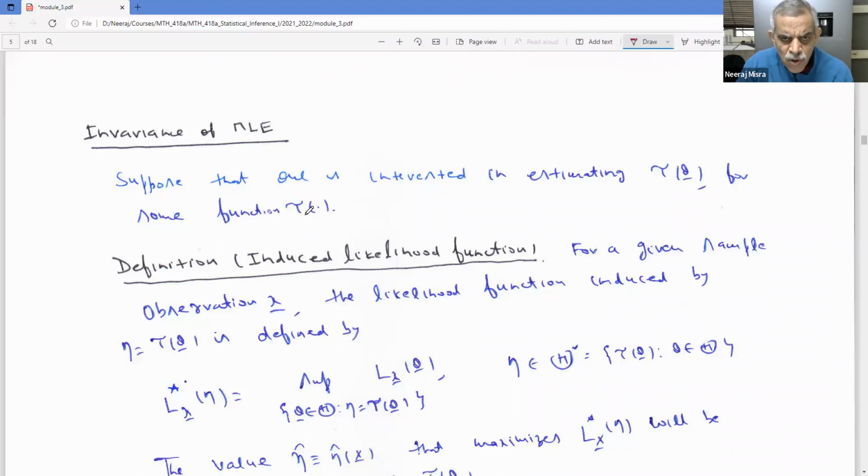And that has a very strong basis, which we will cover under invariance of MLE. Suppose that one is interested in estimating a function of the parameter which was involved in the PDF.